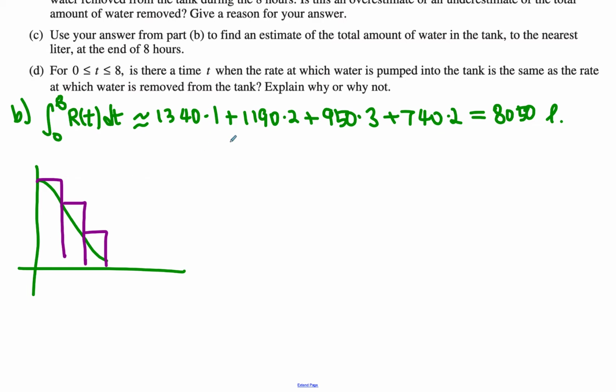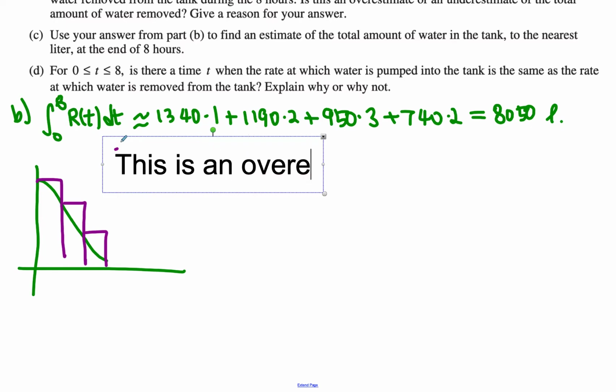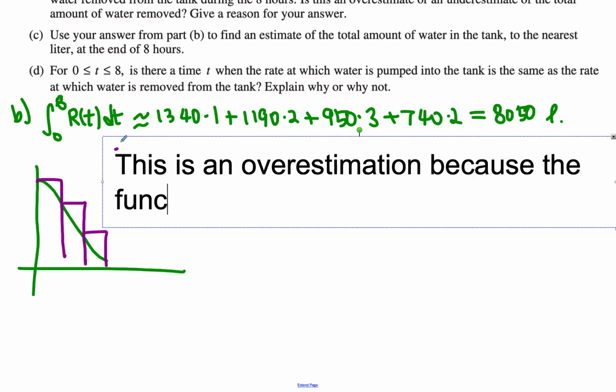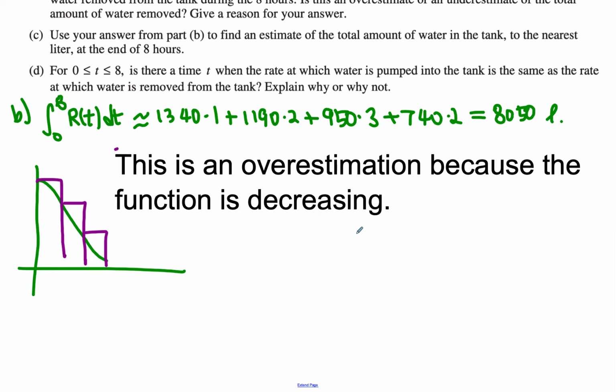So the answer is, this is an overestimation because the function is decreasing. All right, so that's what we can say. Alrighty, let's look at part C.